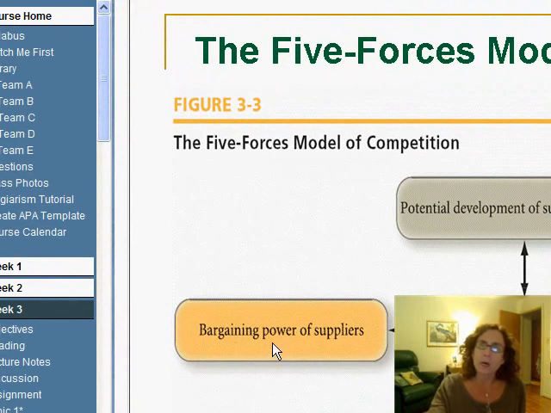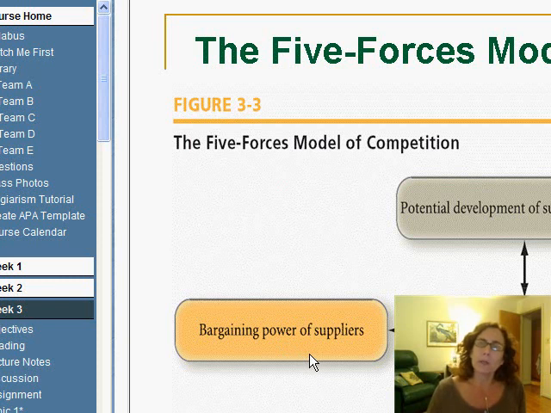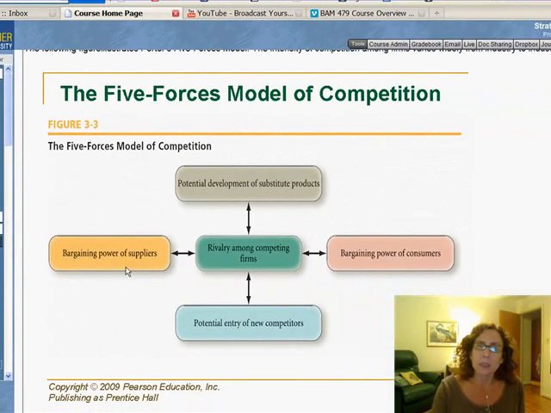Bargaining power of suppliers. When you think about this, you want to know how much power those vendors who supply your inputs of production have. If you have many suppliers and they're all competing for your business, chances are you have the upper hand. However, if there are few suppliers and they have not only your business, your competitor's business, but they serve several industries, perhaps your bargaining power is a lot lower.